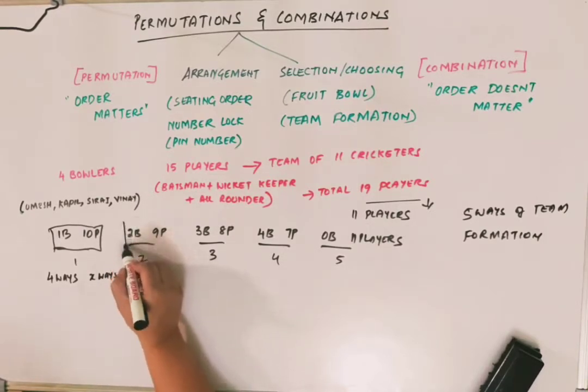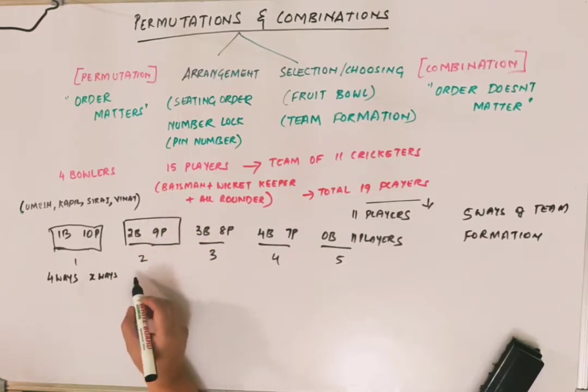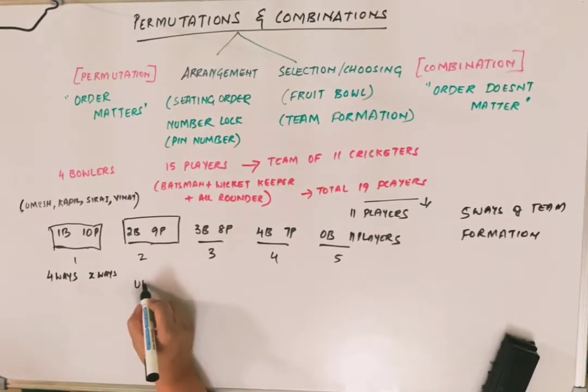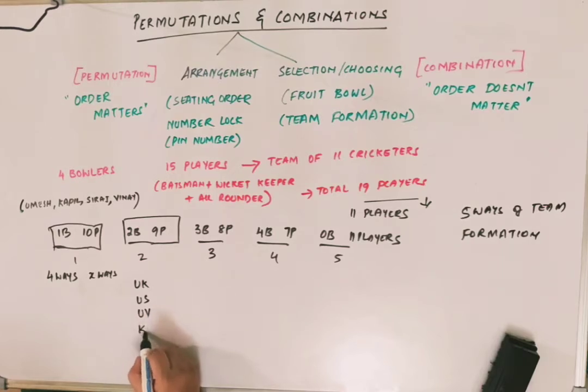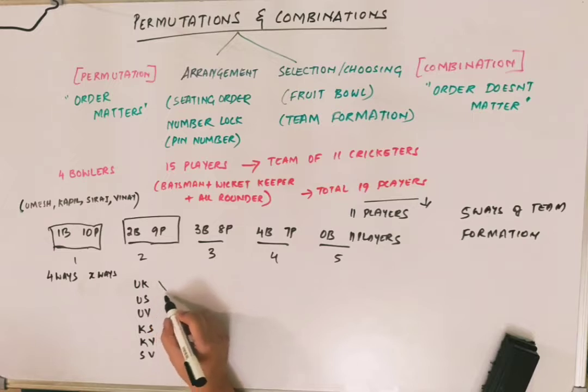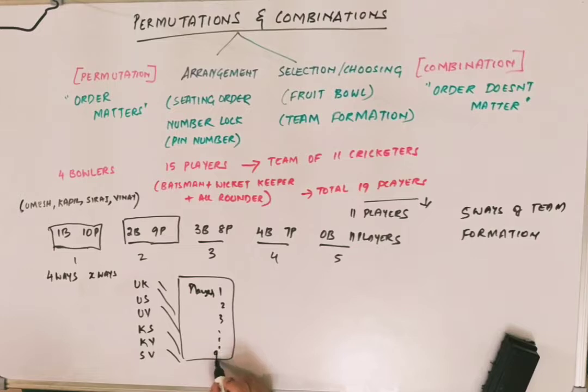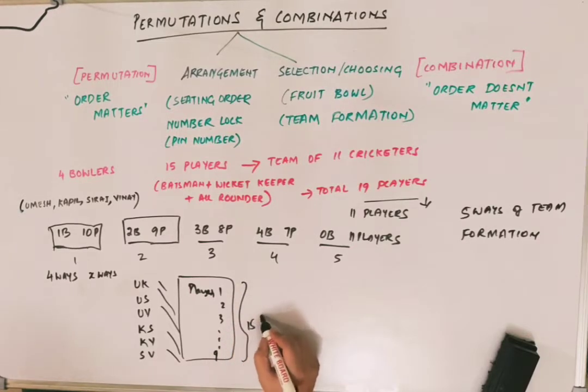Similarly, if you take the second type of team formation, you have to select 2 bowlers, right? 2 bowlers can be, for example, Umesh and Kapil, or Umesh and Siraj, or Umesh and Vinay. Similarly, you can take Kapil and Siraj, Kapil and Vinay, or Siraj and Vinay. So you have multiple combinations like this. And with each of these combinations, you can choose 9 players out of 15 players.